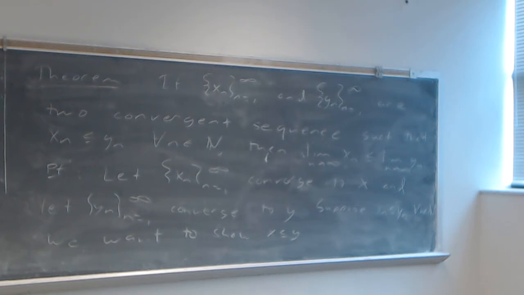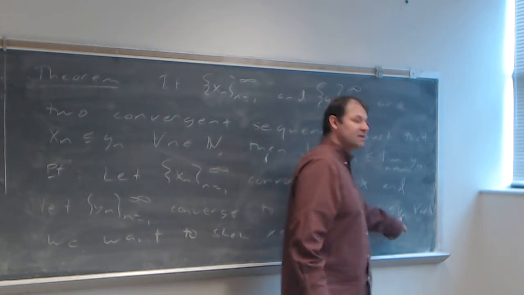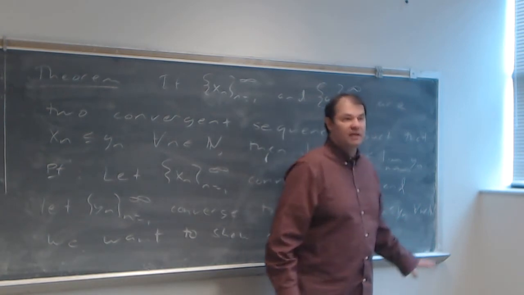of the sequence were non-negative, and it converges, then what it converges to has to be non-negative. Okay? Well, I don't see necessarily a non-negative sequence in what we're working with. But we can create one out of what we're working with. And the reason I can create one is that I know that the x sub n's are less than or equal to y sub n's for each n.